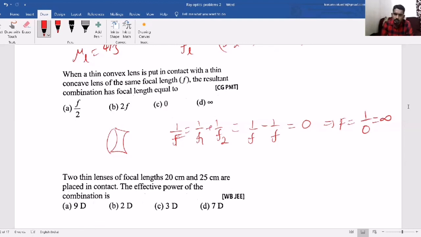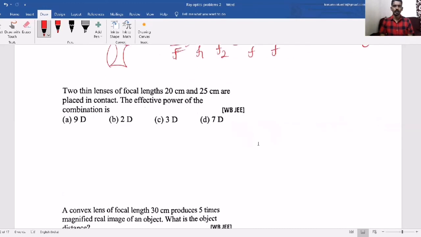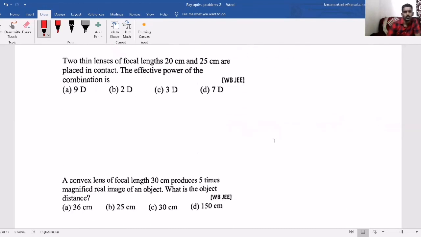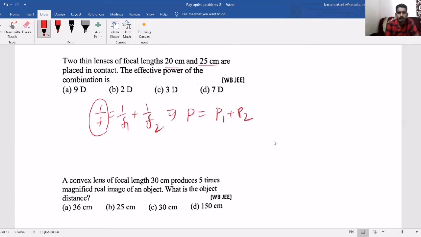So you just use the formula for the effective focal length when the lenses are kept in contact. Now, in a similar way, one more question I have taken. Two thin lenses of focal length 20 centimeter and 25 centimeter are placed in contact. The effective power of the combination is, see, 1 by F equal to 1 by F1 plus 1 by F2, where 1 by F is the effective power, that equals P1 plus P2.